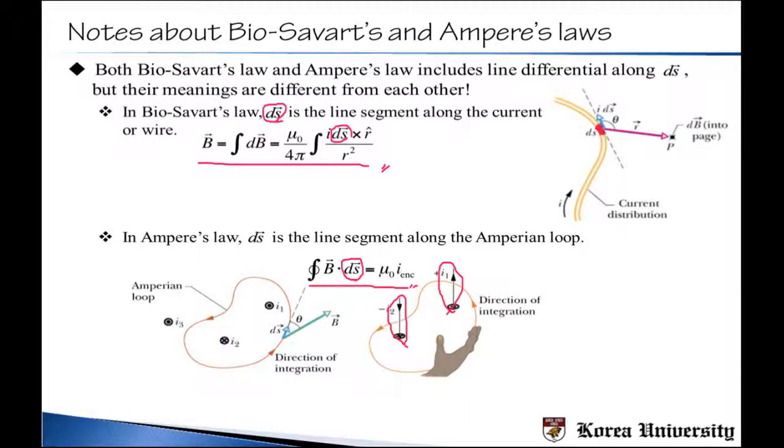So the direction of ds is not directly related to the direction of the current, but depends on how you set up your Amperian loop. I hope you already understood it, but if you have not yet realized it, please remember that the ds factor is different between the Biot-Savart law and Ampere's law.